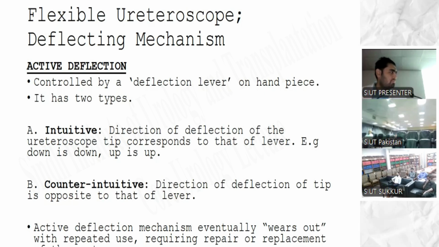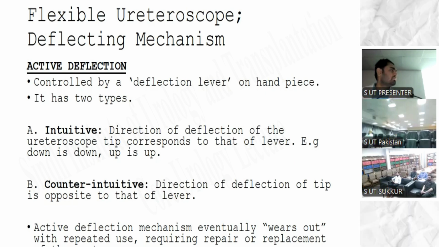Passive deflection comes into play where we have to negotiate flexible ureteroscopes, especially into the lower calices of the kidney. For passive deflection, the ureteroscope has an inbuilt flexible segment a few centimeters proximal to the tip of the scope. We put the ureteroscope's distal end against some support, let's say the renal pelvis, and bend it manually.